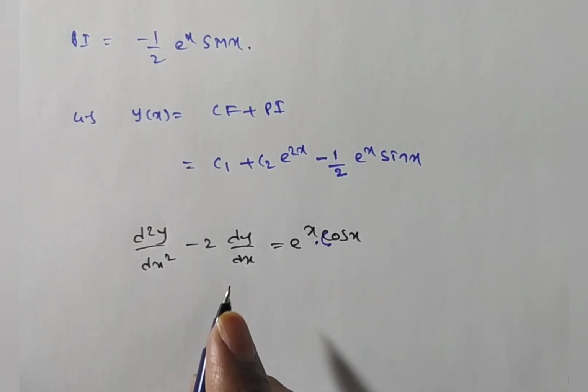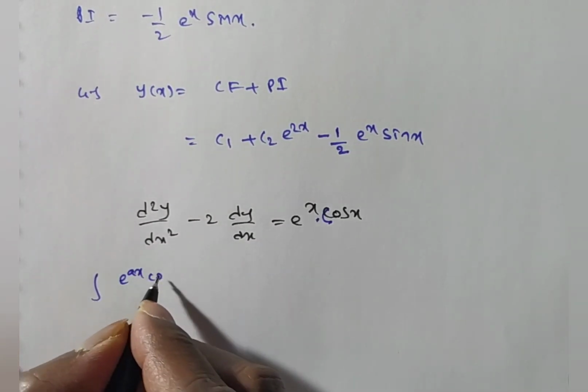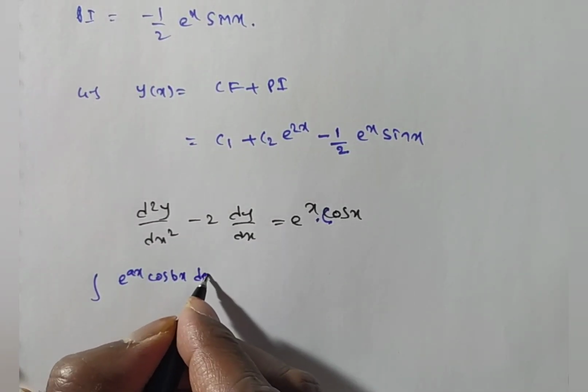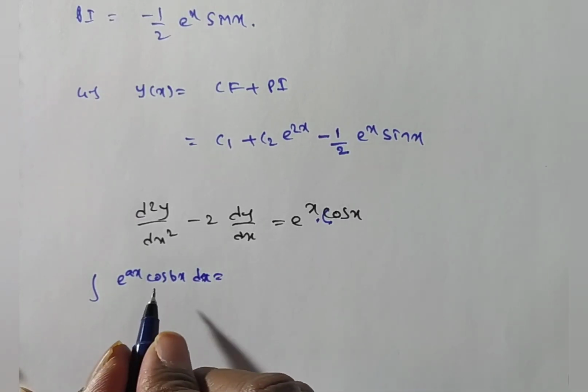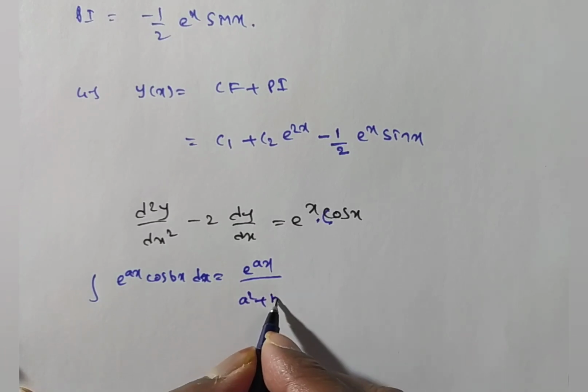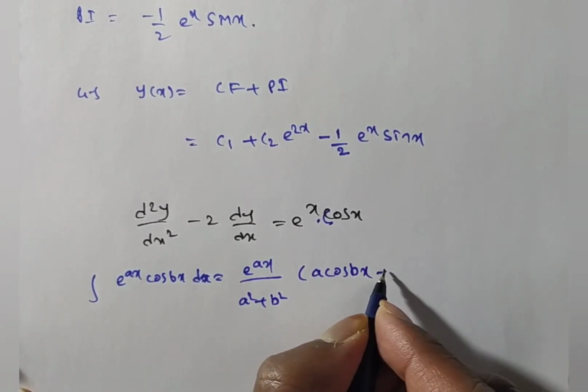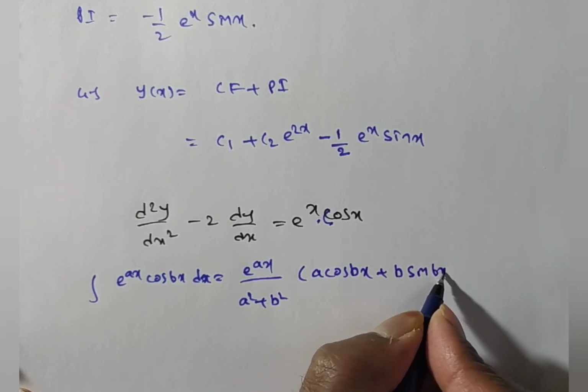Which formula you have to apply means, the integral of e power ax cos bx formula we will use. If you have e power ax into cos bx, then you can write e power ax by a square plus b square into a cos bx plus b sin bx. We will use this formula.